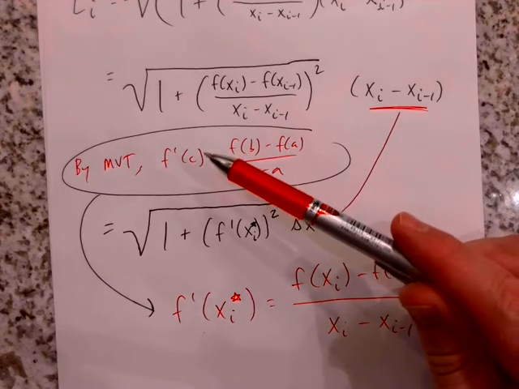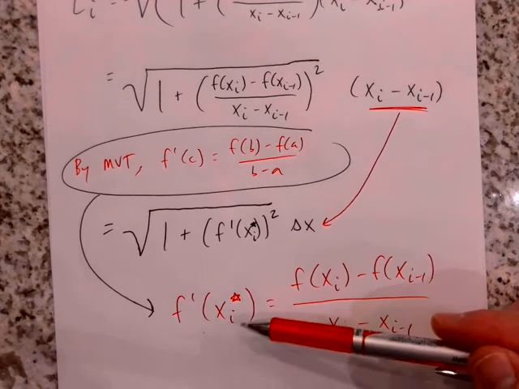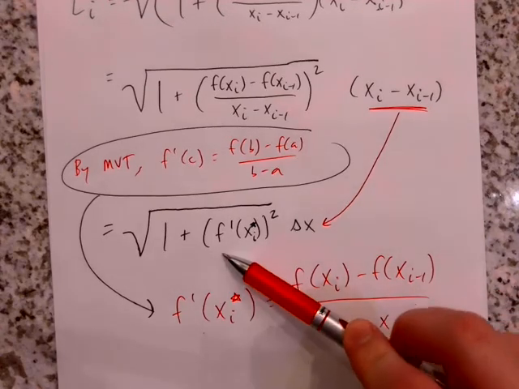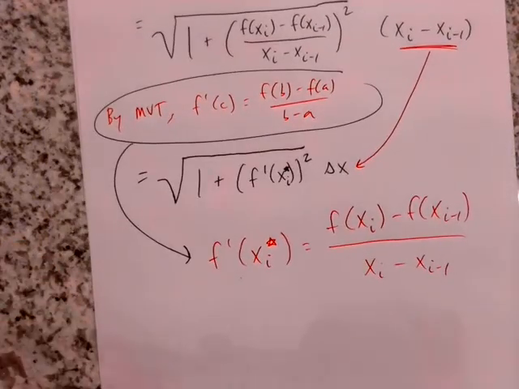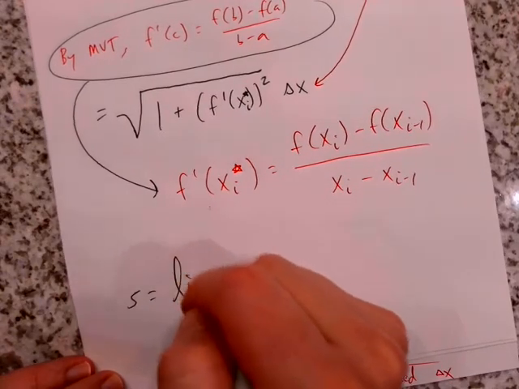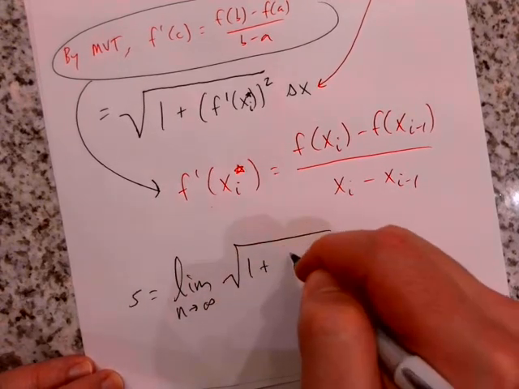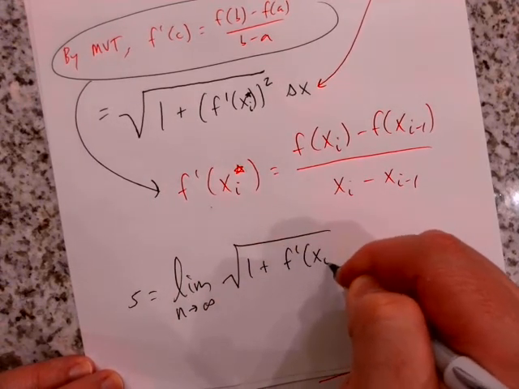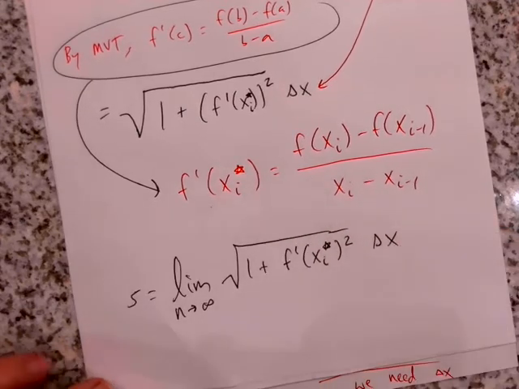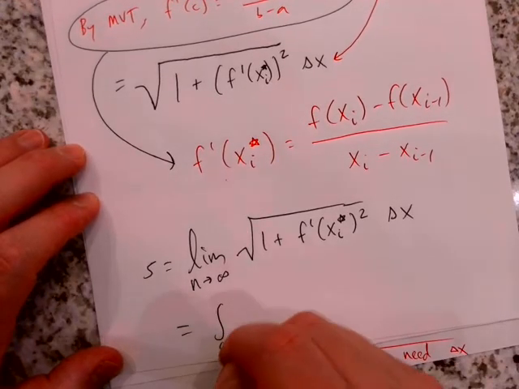Instead of c, which is that third point, you have x sub i star, which just means some point in between those two points. And so now we have this. This is a Riemann sum, which means the exact arc length is the limit as n goes to infinity of the sum of the square root of 1 plus f prime of x sub i star squared times delta x. That's a definite integral, so we write it as such.